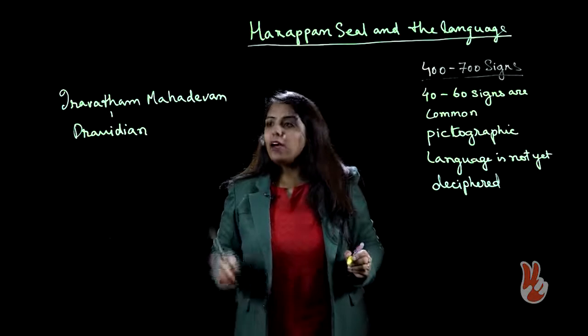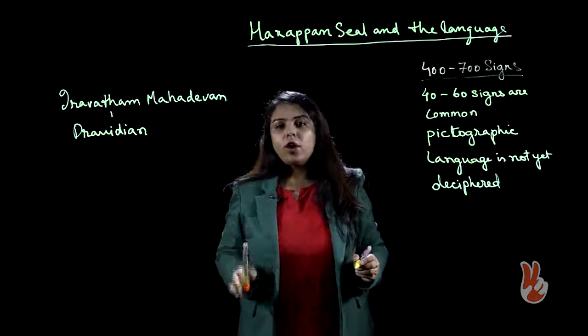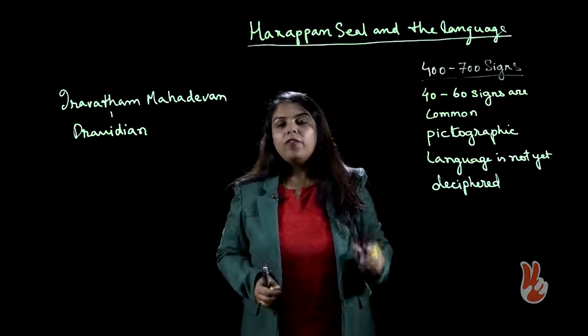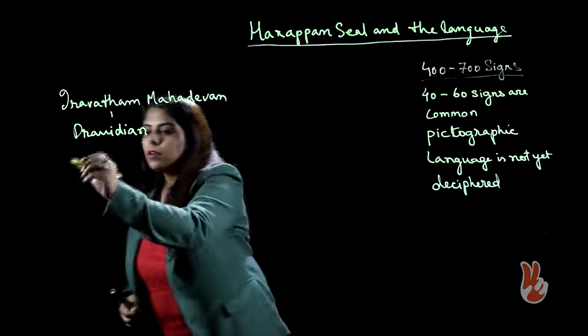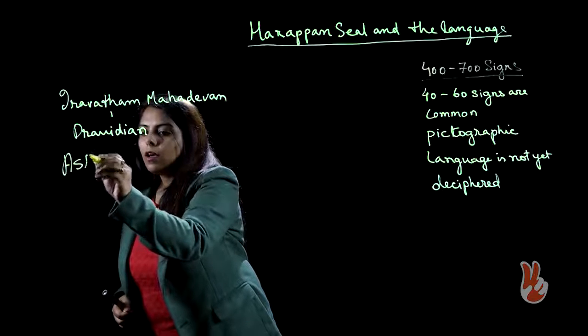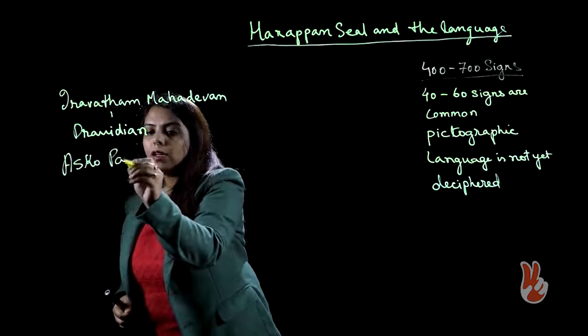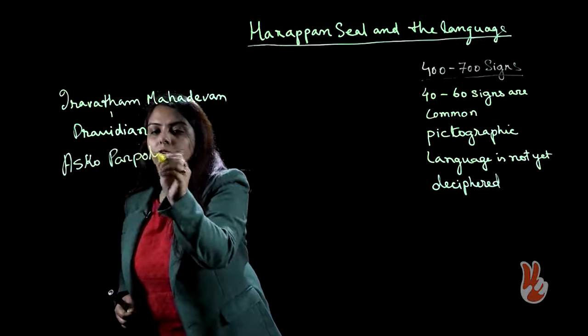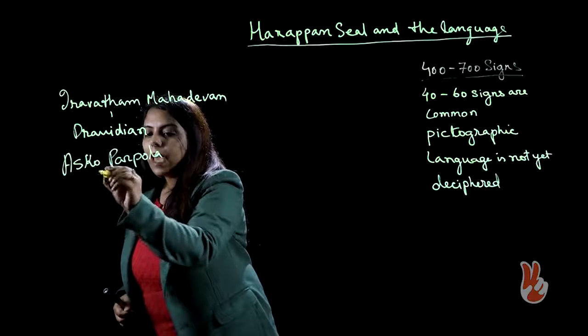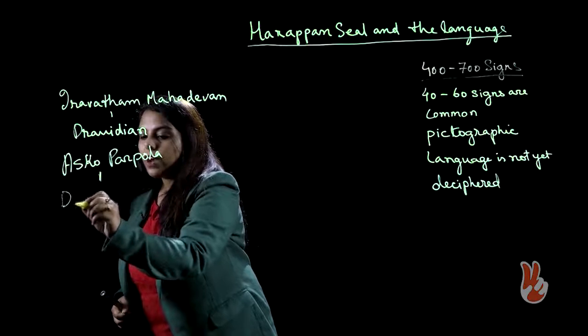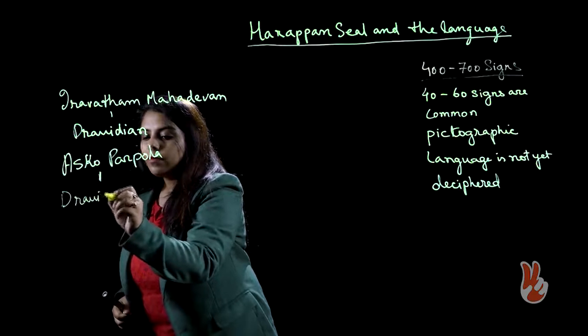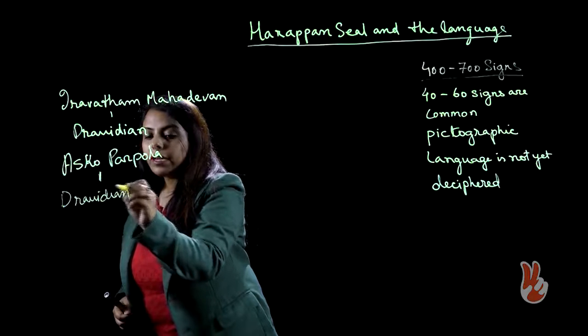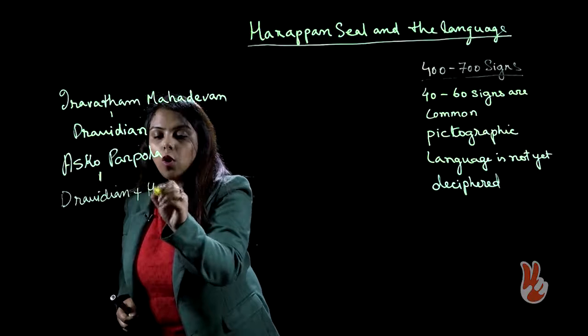Not only that, on the basis of the study of Iravatham Mahadevan, a Finnish Indologist, Asko Parpola, further suggested that the language was not only Dravidian, but it also had homophones.